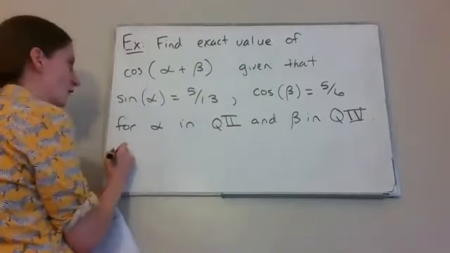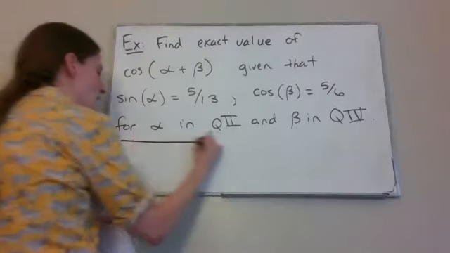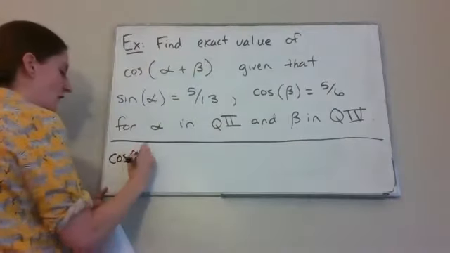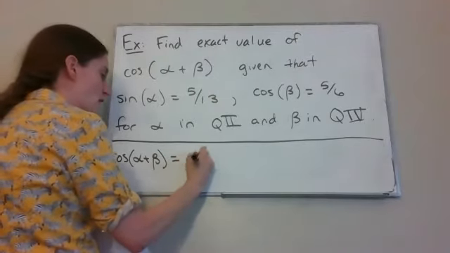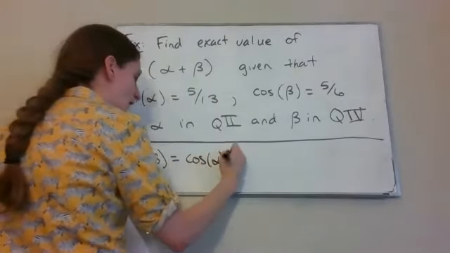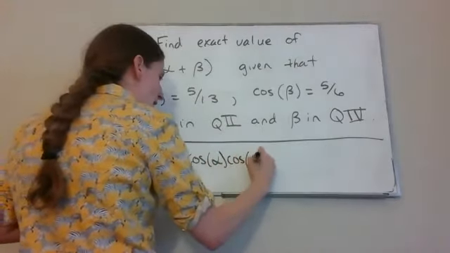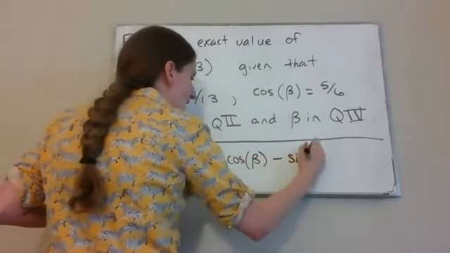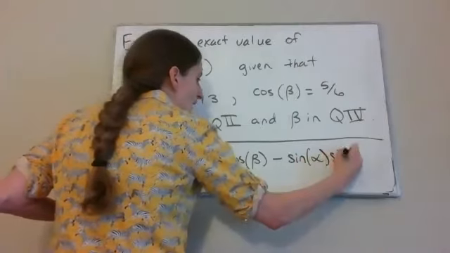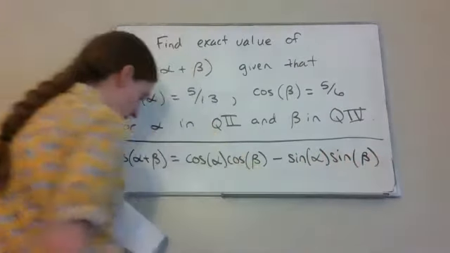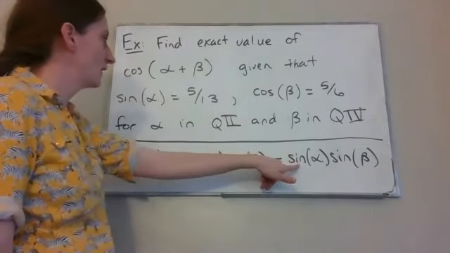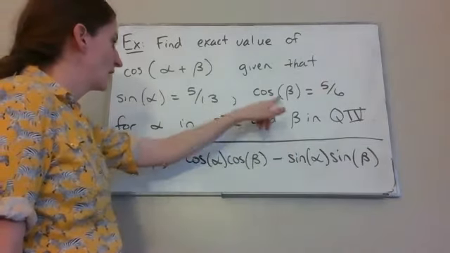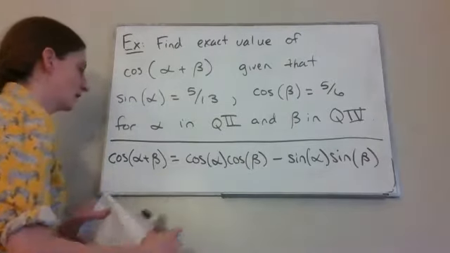So first, let me just write down that I know cosine of alpha plus beta using my formula is going to be cosine alpha, cosine beta, minus sine alpha, sine beta. And at this point, I know what sine alpha is, and I know what cosine of beta is.